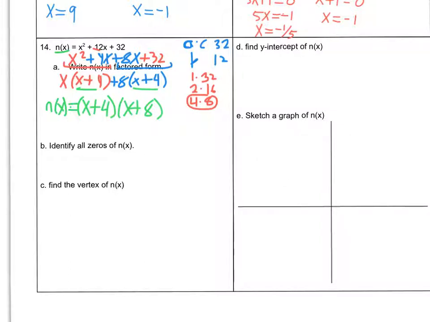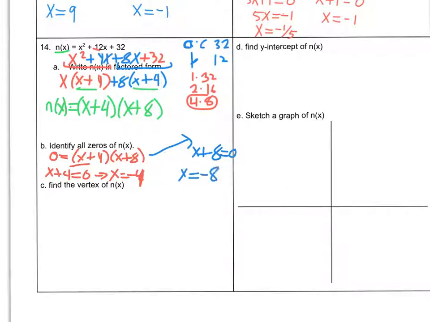Identifying all zeros, that's when 0 is equal to x plus 4 times x plus 8, and that's going to give me x plus 4 is equal to 0, which means that x equals negative 6, and by negative 6 I mean negative 4. Whew. And then we're going to have x plus 8 is equal to 0, which means that x equals negative 8. I'm just going to start sketching these things on my graph. I know I'm going to need those a little bit later.